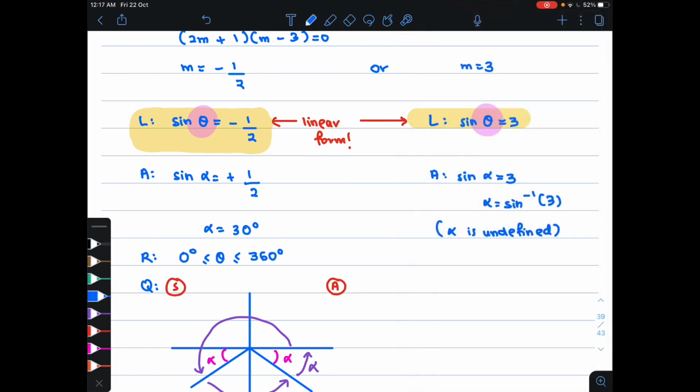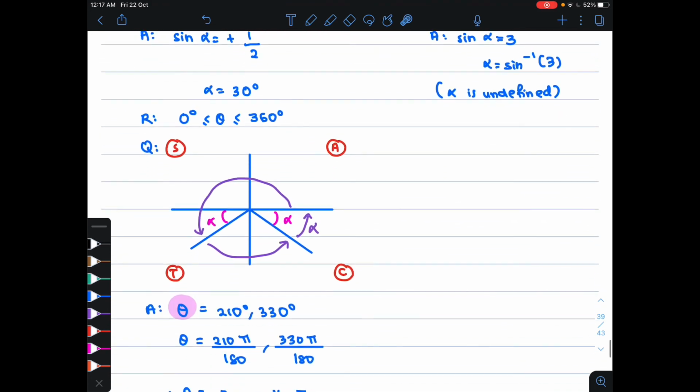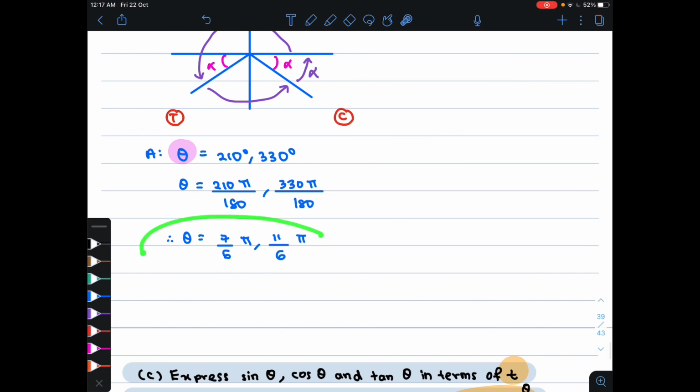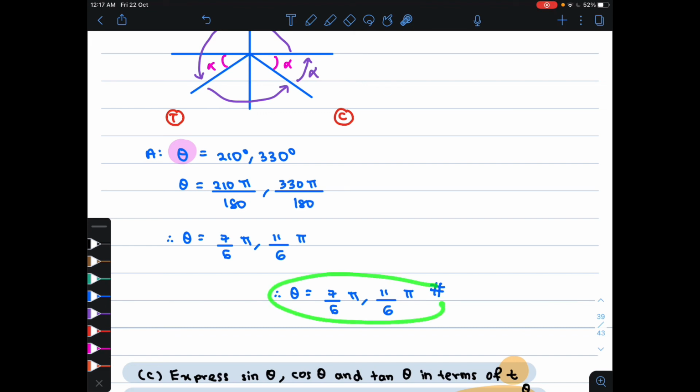And both have the same meaning, which is alpha is undefined. So if you cannot find alpha, therefore you cannot solve for theta. This means that for the right hand side here, there is no answer for theta. And hence, there is only one answer, which is from the left hand side. And make sure your answers are in ascending order from the smallest value to the highest value.